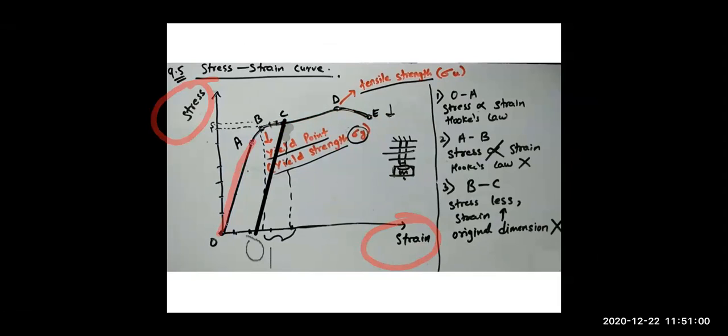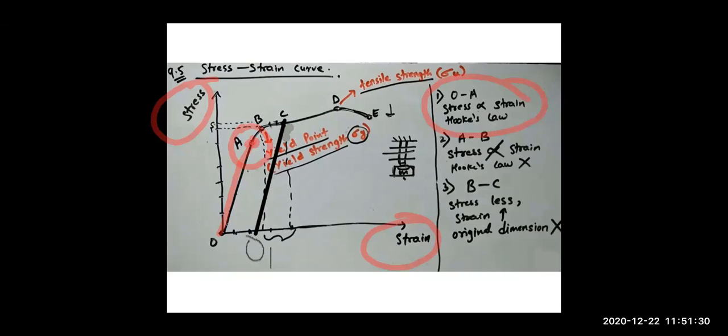Your point A is known as the proportional limit. So OA is a straight line graph where stress is proportional to strain, and so Hooke's law is obeyed in the region OA, and point A is your proportional limit.